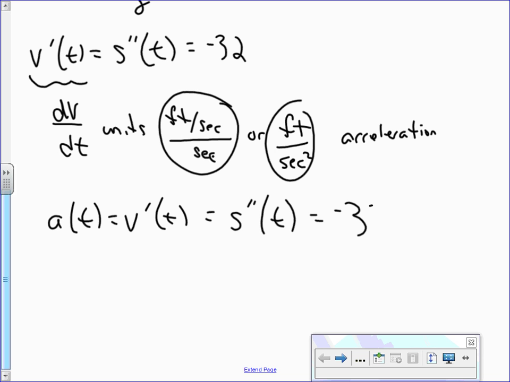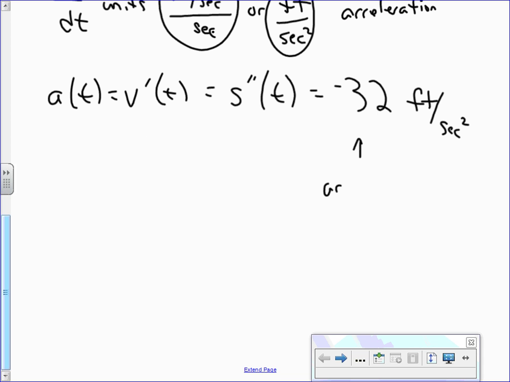And for this vertical motion, it's negative 32 feet per second squared. In science, they use a, but a lot of math textbooks use s double prime. Either one of those is acceptable. This number right here is the acceleration due to gravity.